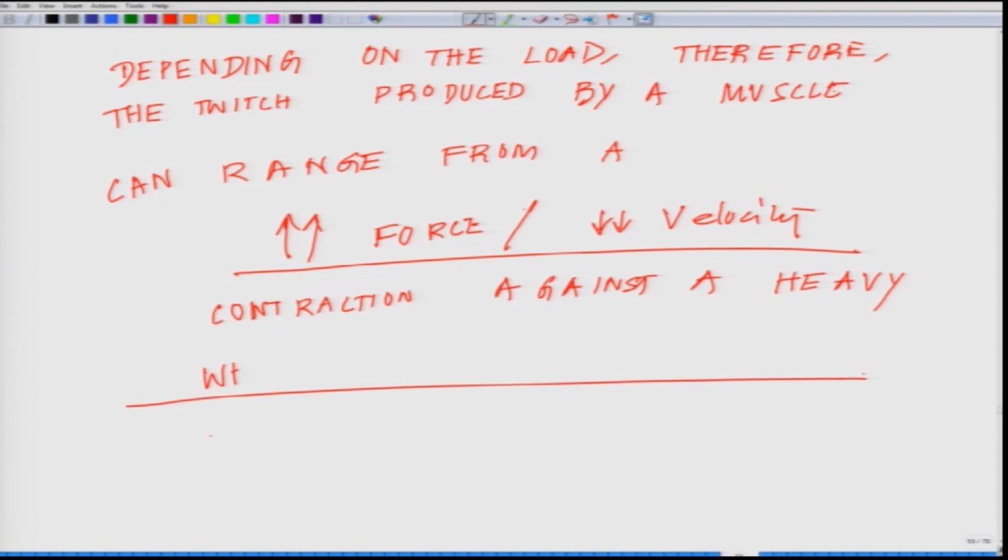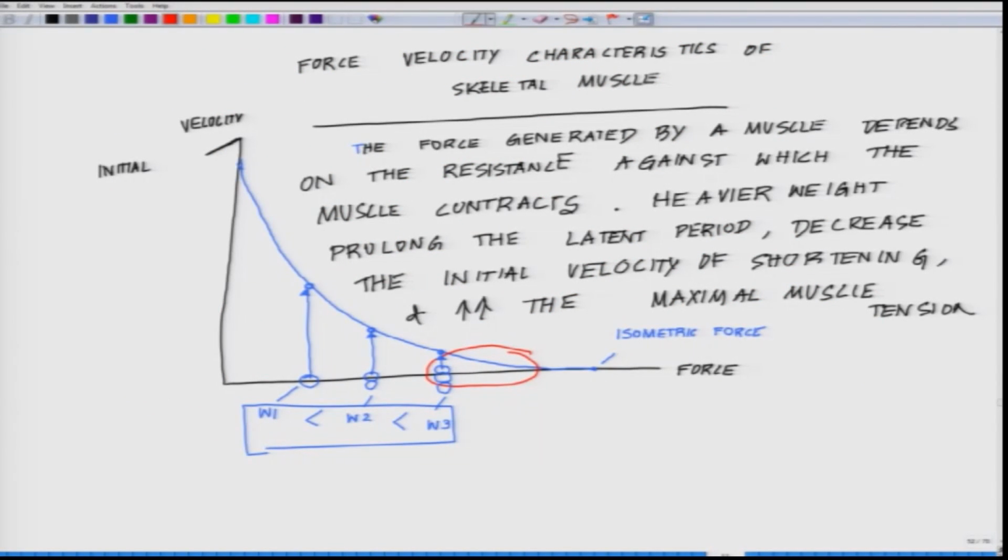Two, if you just see the reverse side, to a situation where you have a low force, the force is low, there is a high velocity though, a higher velocity against a light weight, okay.